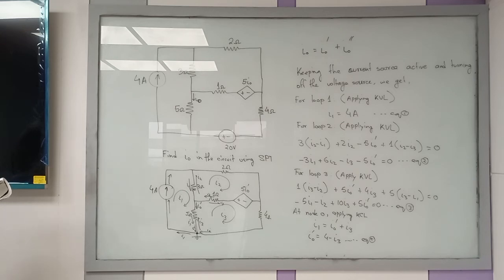Then you will have two unknown terms, I2 and I3. You have to find them simultaneously, or you can use Cramer's rule as well.